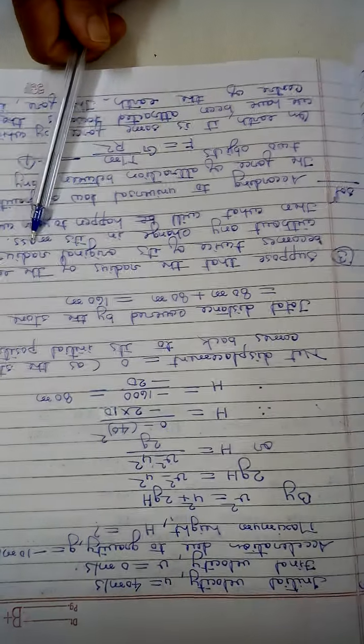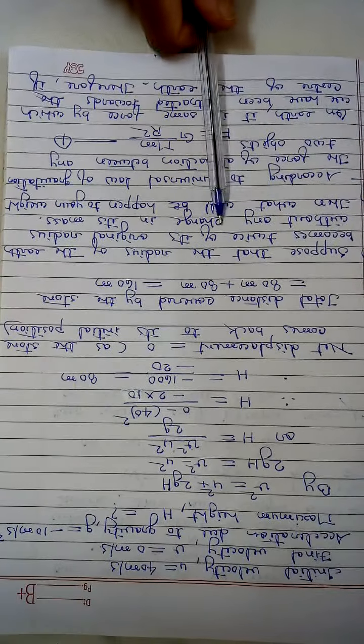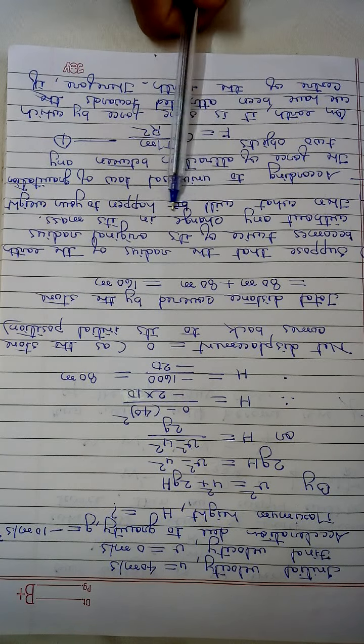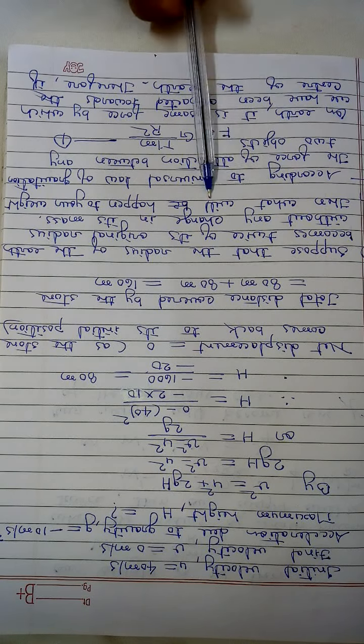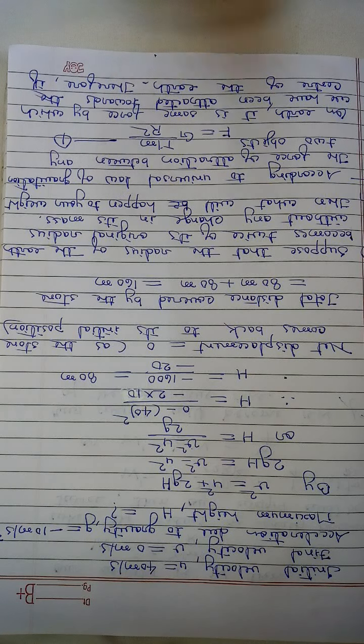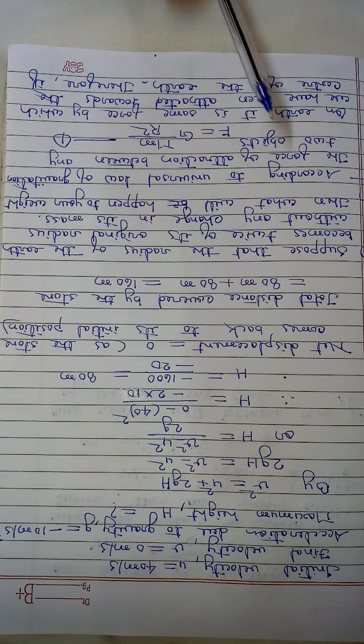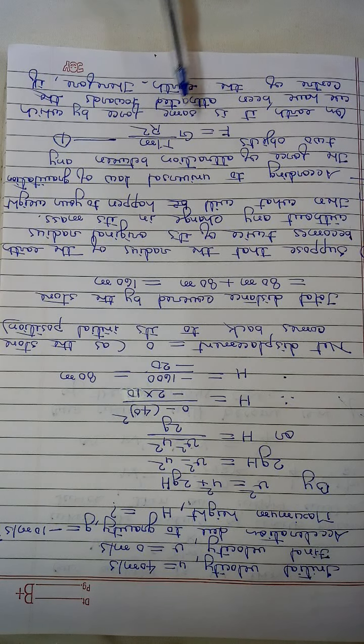Suppose that the radius of the earth becomes twice its original radius without any change in its mass, then what will happen to your weight? Now according to the universal law of gravitation, the force of attraction between any two objects is F equals capital G, capital M, small m whole upon r square.